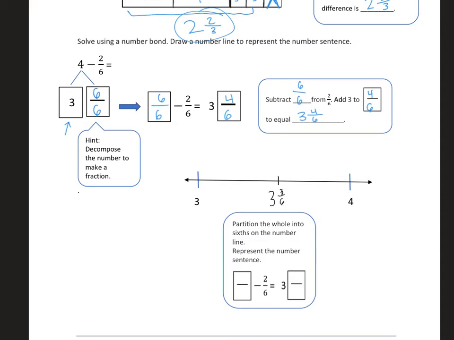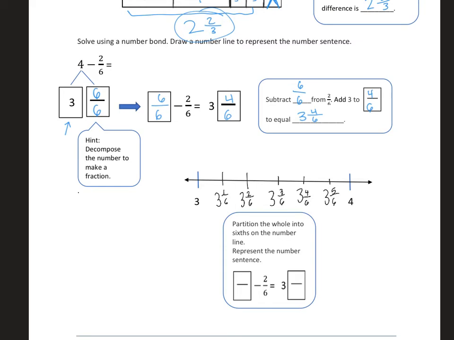So now I have 3 1/6, 3 2/6, all right? Label those. Then I have 3 3/6, and then 3 4/6, 3 5/6, and then we know 3 6/6 is going to be the same as 4, okay?